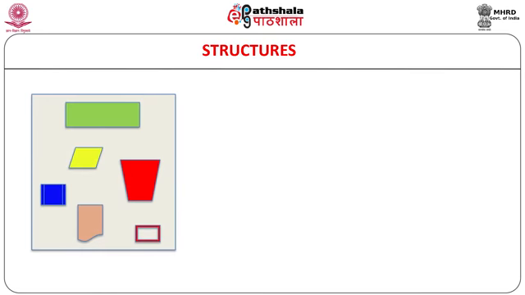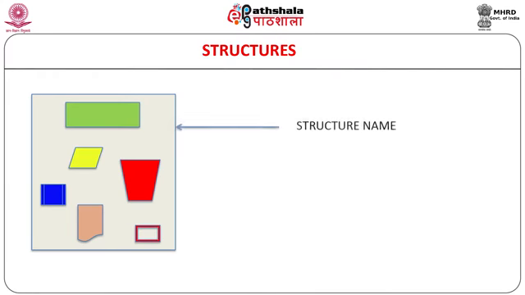Let us see structure. This is another diagram, of a structure. As you know, a structure is a user-defined data type that allows you to combine data items of different kinds. This conceptual diagram gives an idea of a structure and its elements. In this diagram, different objects are shown inside the main square.